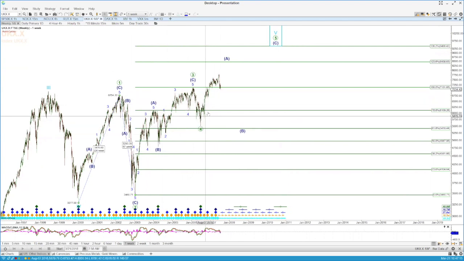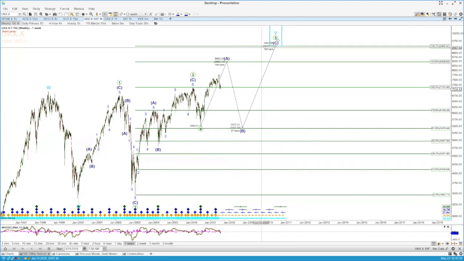And then we are unfolding in another rather messy, but albeit 5-wave structure for the A wave of the final 5th at cycle degree. So after this A wave completes, which we're expecting the completion of that later this year, and then a deep pullback in the B to somewhere around FTSE 5400.